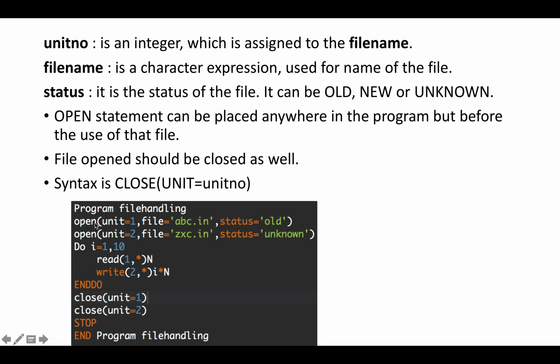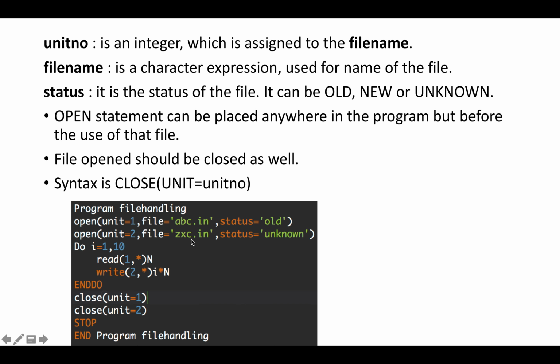So I opened two files and assigned them units 1 and 2. The name of the first file is abc.in, the second file is zxc.in, and the status of the first file is old and the status of the second file is unknown. The first file I want to use for reading input, and that is why I kept its status as old, because I have already made this file on the system.